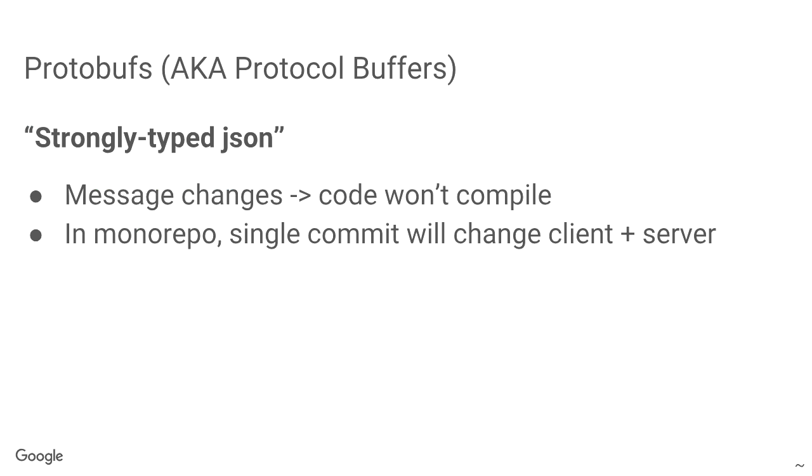Now, you can think of protocol buffers as a strongly typed JSON. So when the message changes, the code that's reading the message won't compile anymore. And in a monorepo, you can have a setup where the front end and the back end both use the same protocol buffer. Once you change that, the other side stops compiling, and you have to update it too, so you never forget and you never break the other side.